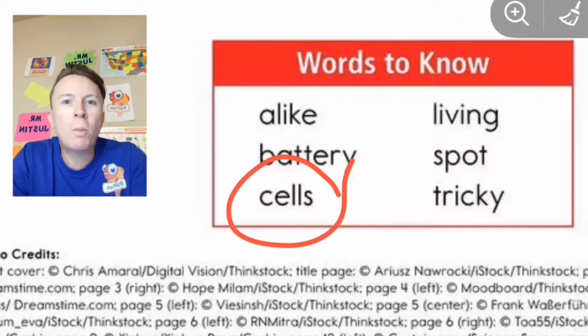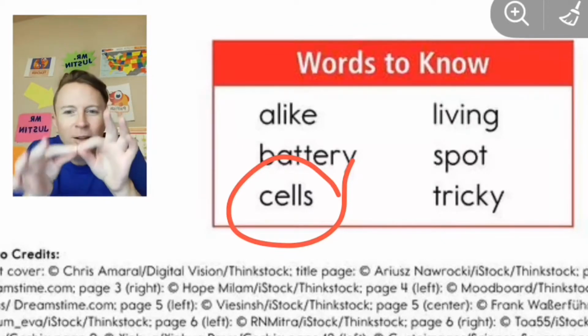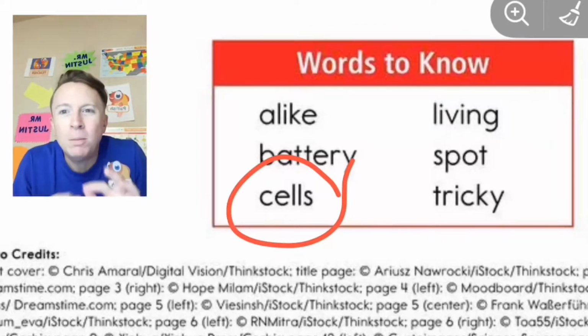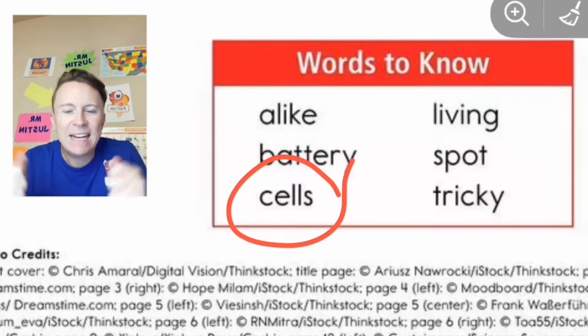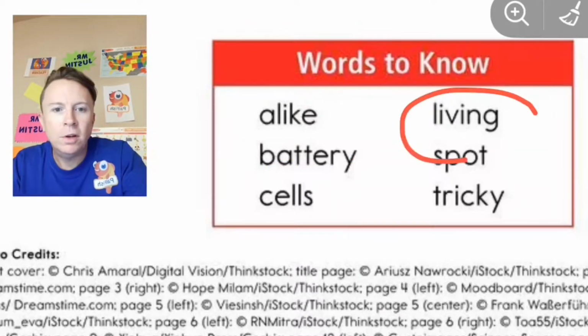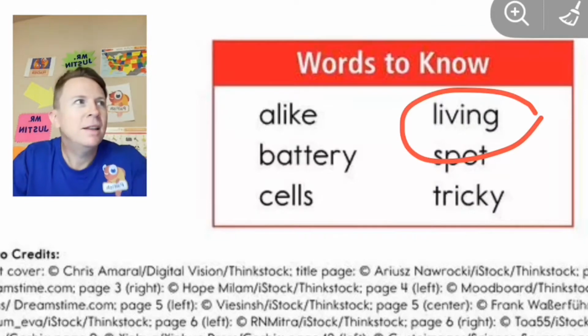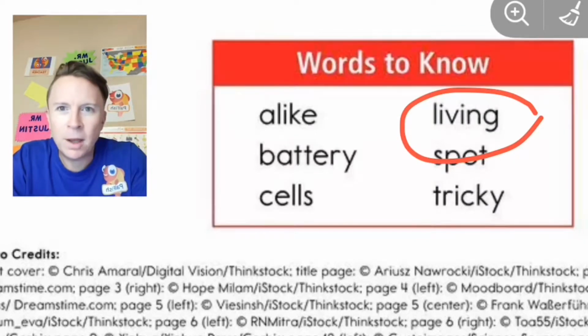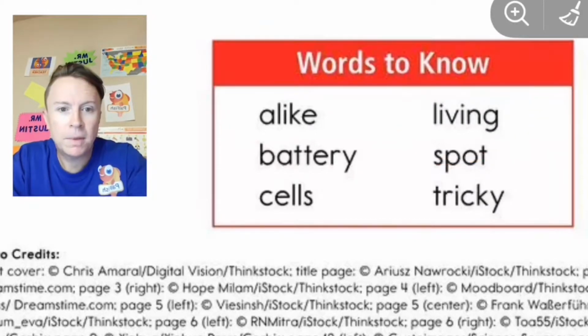Cells. Your body is made of cells. Cells are like these tiny little building blocks that knit everything together. This word, living, well, that's what we're going to explore in this book.